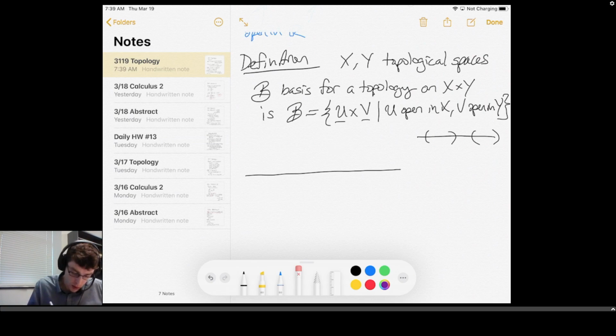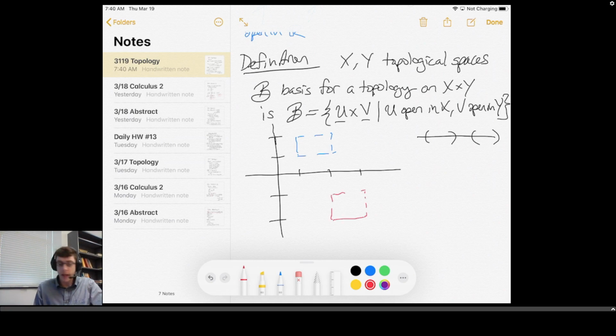Okay, so let's just say we have this open rectangle, and then I go down here and I have this open rectangle. Then in R2, using the standard basis of open rectangles, this is definitely an open set.